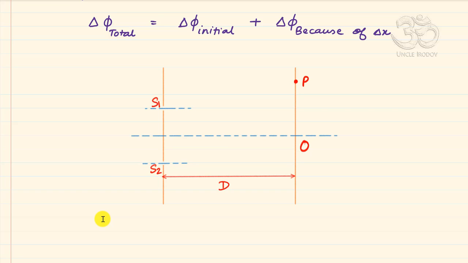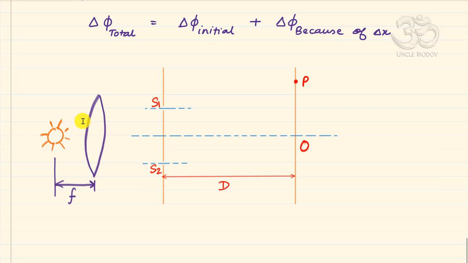We take a single source and keep it somewhere there, and we keep a biconvex lens such that the source is at the focus of this biconvex lens.